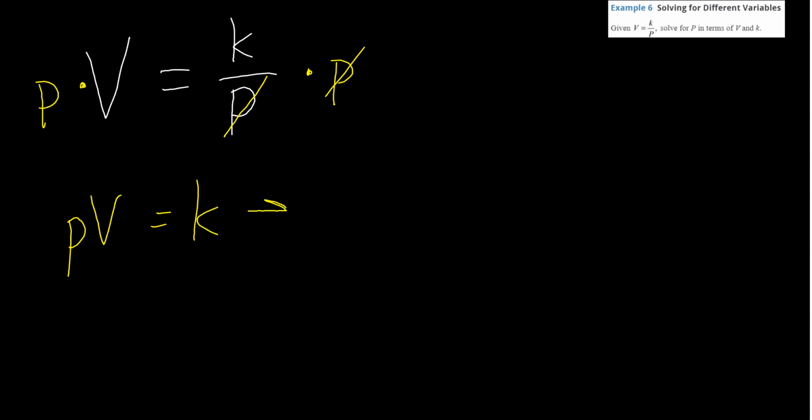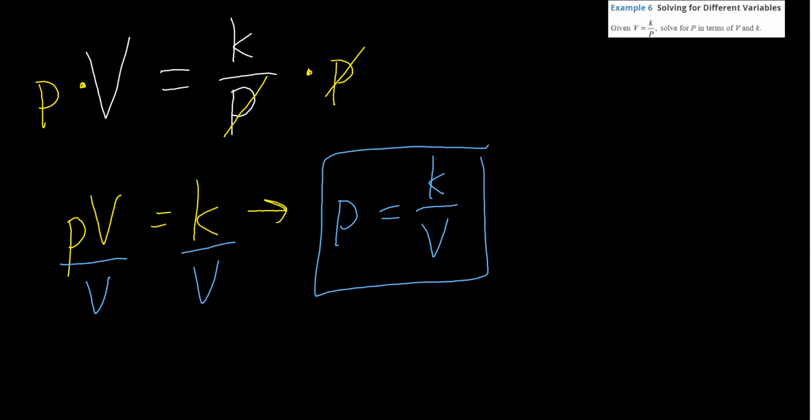Well, I need to divide both sides by v to get rid of the v over here on the side where the p is. So I end up with p is equal to k over v. And that's it. And like I said, I think this is a lot easier than actually solving this with numbers involved, but that was it.